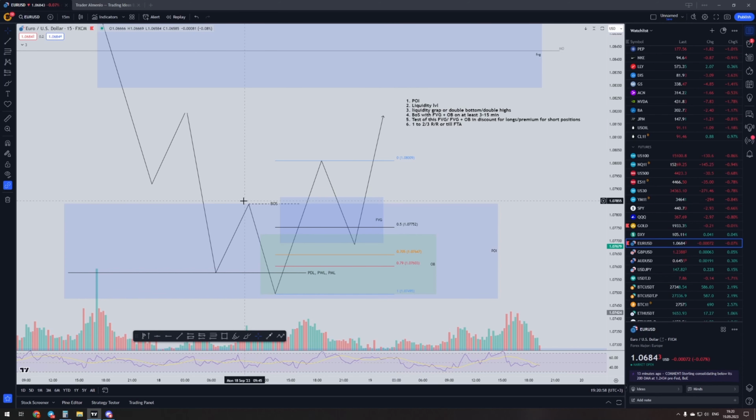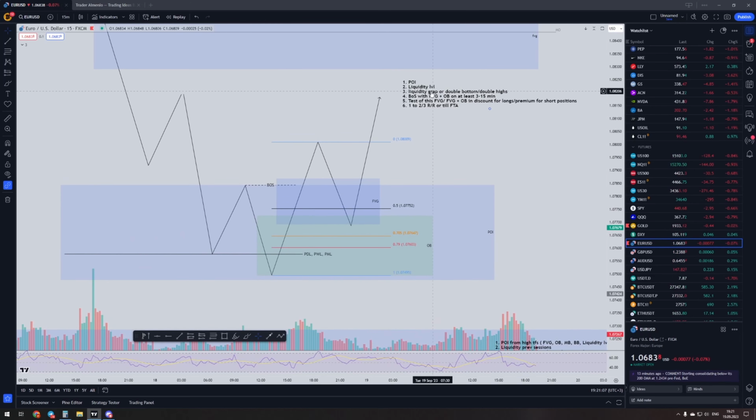Then break of market structure with fair value gap. It's very important. Plus order block on at least 3-15 minutes. Test of this fair value gap and order block, and discount for longs and premium for shorts. And 1 to 3 risk reward or till first trouble area. This is the strategy. That's it.